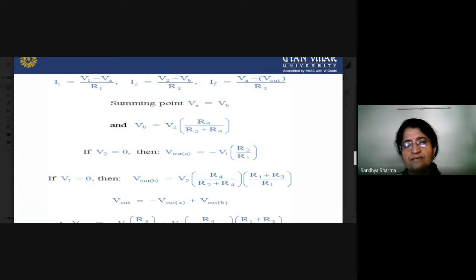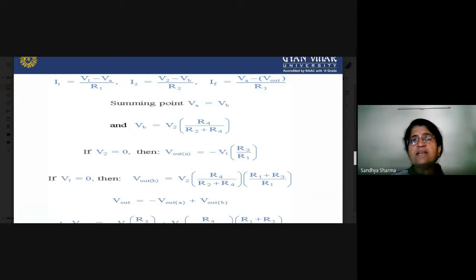In further processing, when we study the summing amplifier, and then the integrator and differentiator circuits, we have to see in which particular mode we are working. Some applications work on the inverting terminal and some on the non-inverting terminal, so according to our application we can choose.